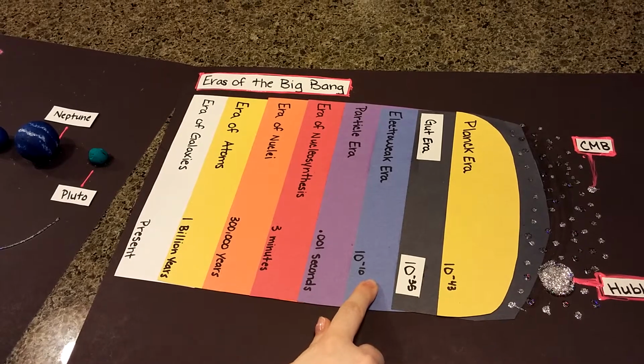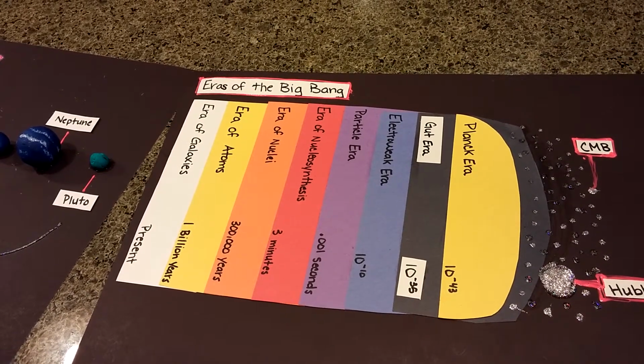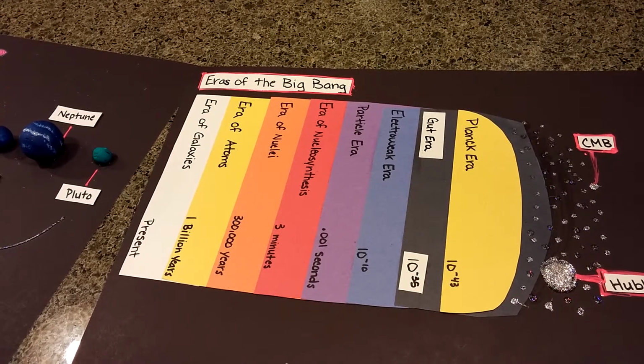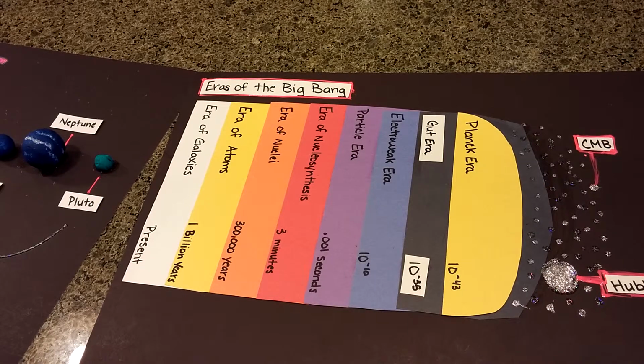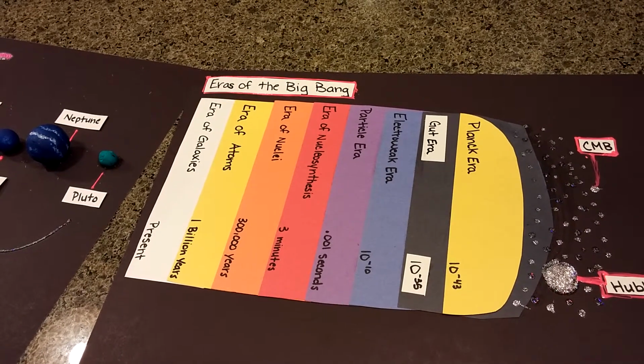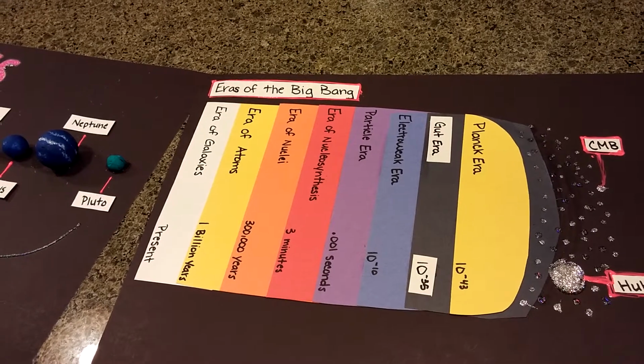And then we have the Electroweak era, and the time is 10 to the negative 10th second. The temperature was 10 to the 10th Kelvin, and the universe was small, hot, and dense. Protons and neutrons started forming from quarks, and radiation fills the universe.